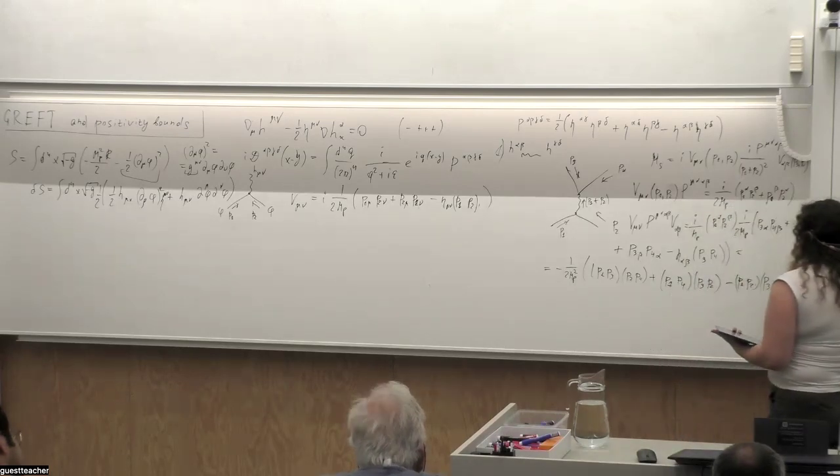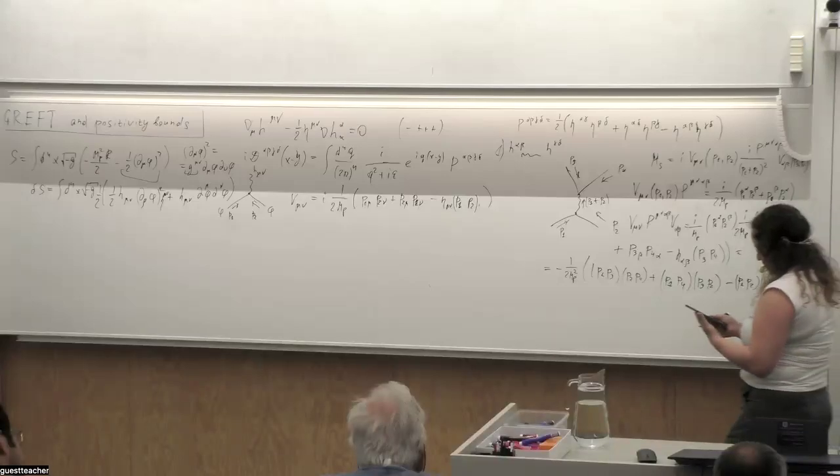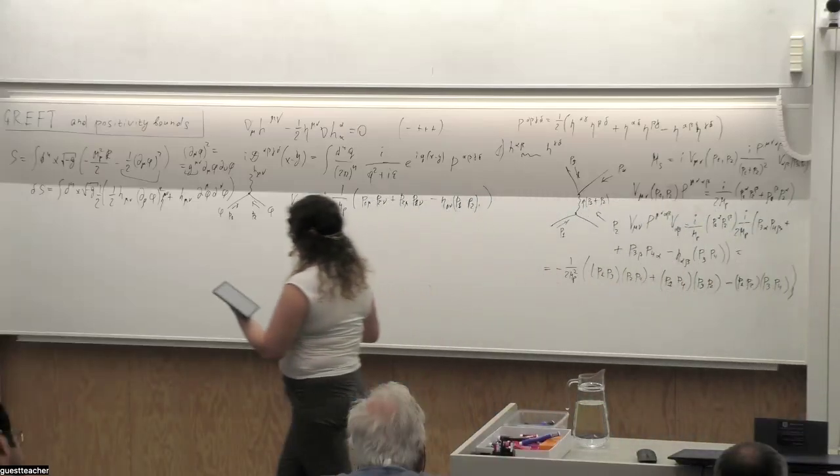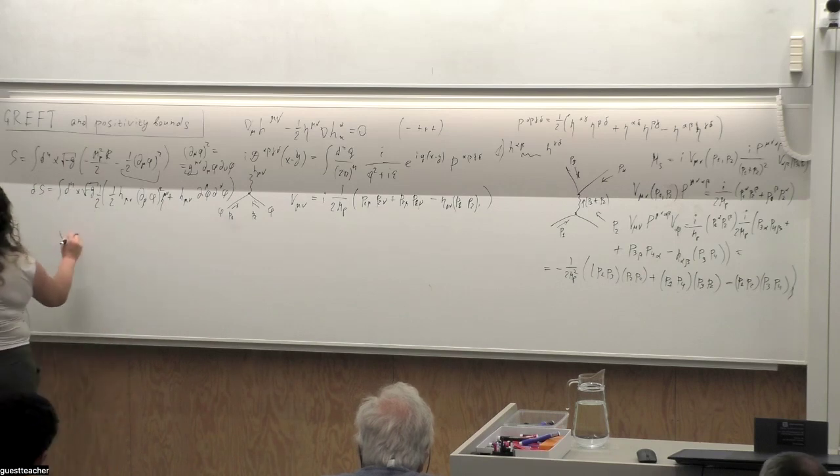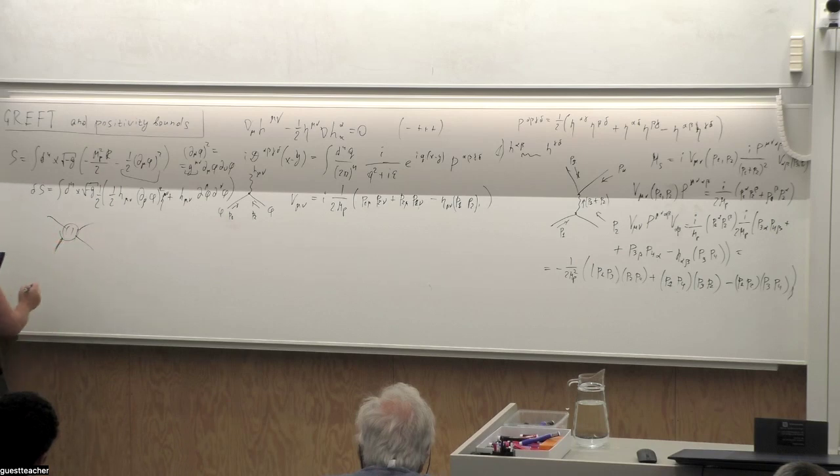Okay, so this is the moment to introduce Mandelstam variables. For the scattering amplitude with all ingoing momenta, whatever scattering we consider, the amplitude is a function of three so-called Mandelstam variables.